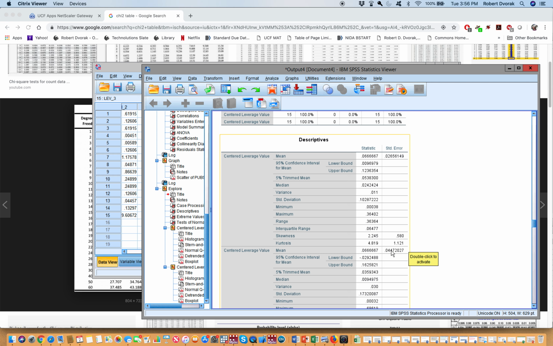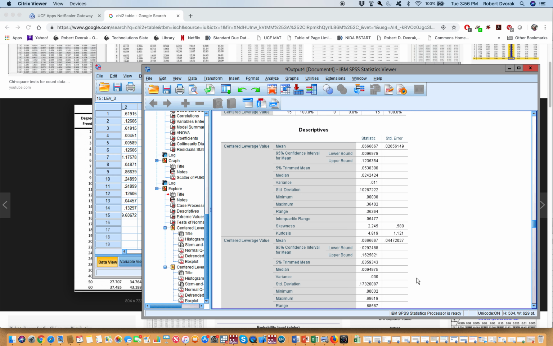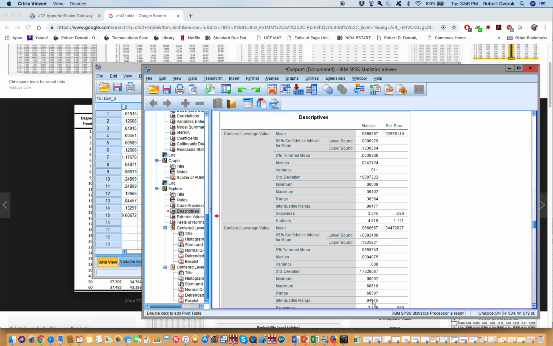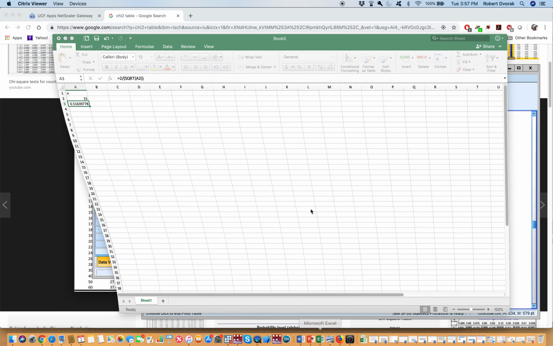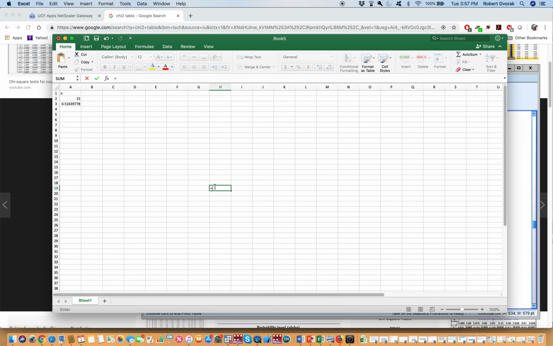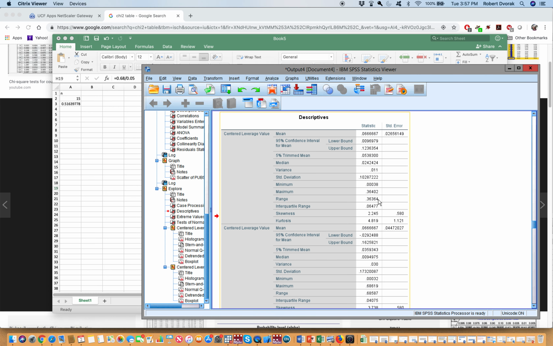With this standard error, we can divide any leverage value that we have, and that will give us the number of z-scores away from the mean that we are. And so our max here is 0.68. If we divide 0.68 by 0.044, let's even call it 0.05, what the heck, 13 standard deviations away.